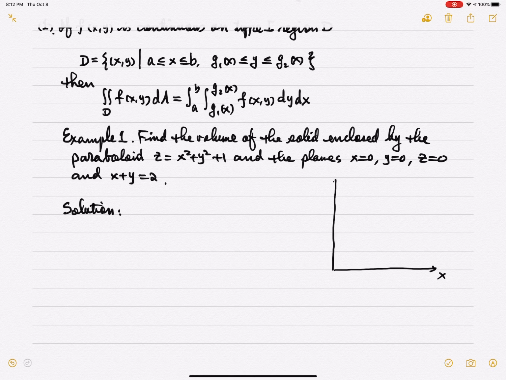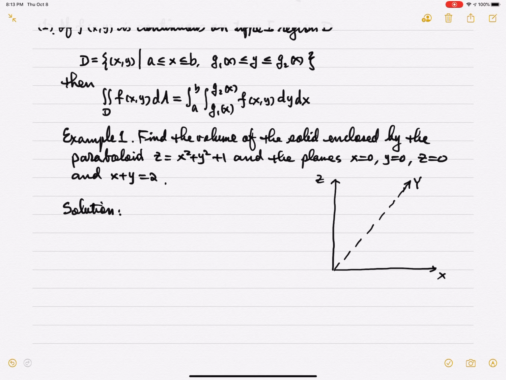Yeah, this is the z. And suppose this is the y-axis, but I'm going to use dash lines. So this is the y-axis.